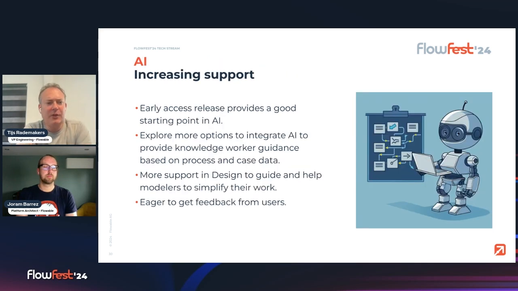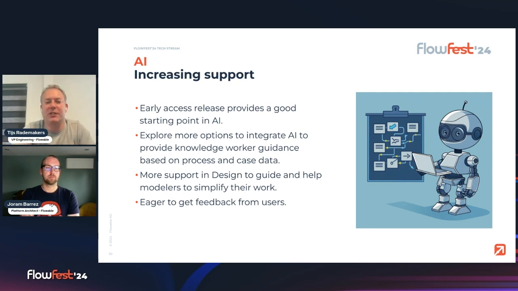AI. We talked about it already quite a bit, but we want to increase the support more and more. I think what we did now with the early access is a really good starting point, and it provides a lot of interesting ways to use AI within Flowable. But we want to explore more options to integrate AI for knowledge worker decision-making, guidance, based on the process and case data that is available.